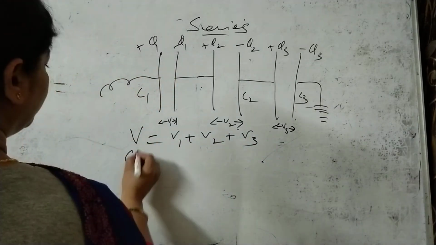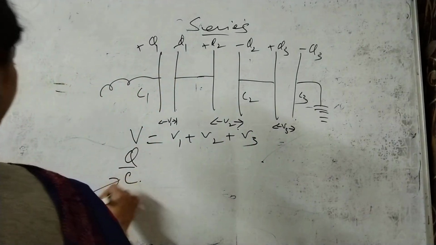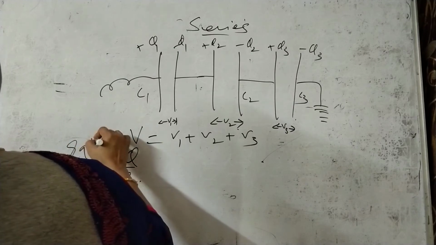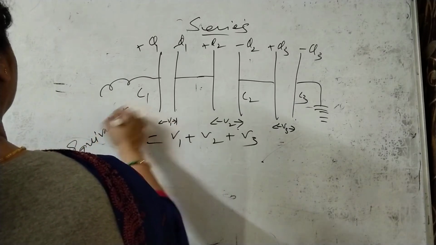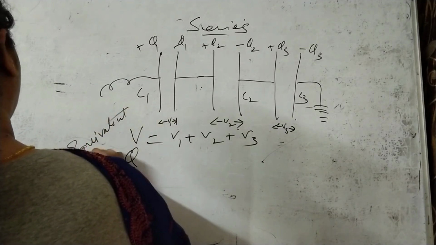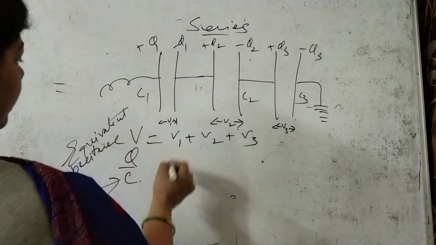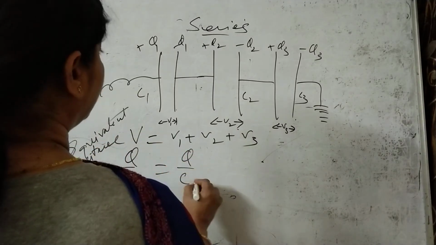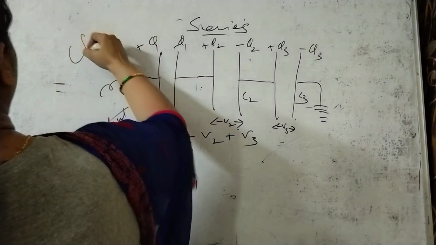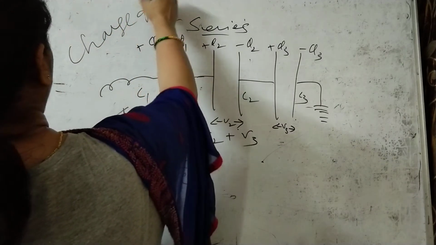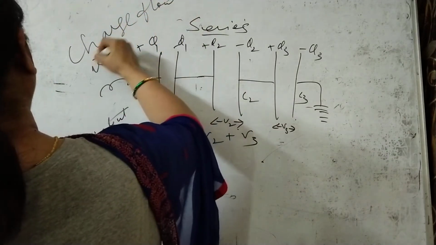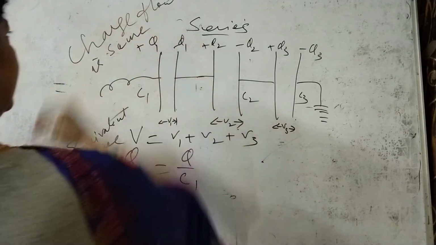Now V is what? Q by C, where C is the equivalent capacitance. And this is Q by C1 because the charge is the same. The charge flow is the same.